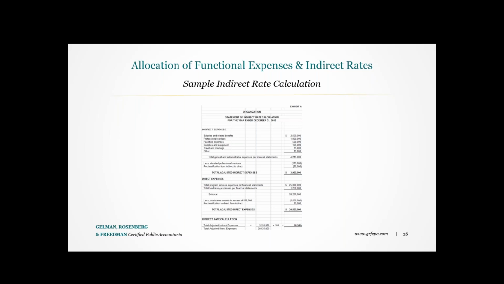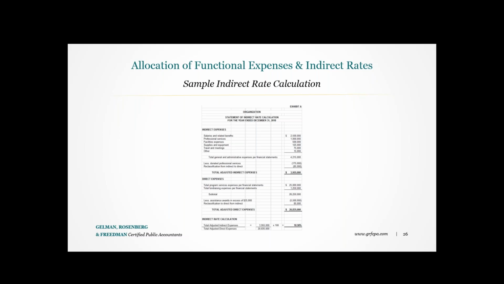ASU 2016-14 and the definitions associated with the statement are important, because it's possible that organizations could report differently. But ultimately, we have to report back on actual indirect costs in this statement. There are some reconciling items between the functional categories and the direct and indirect categories. We talked about how we could be moving from indirects to directs or vice versa, based on perhaps costs already being reimbursed that should not be included again in the indirect pool.